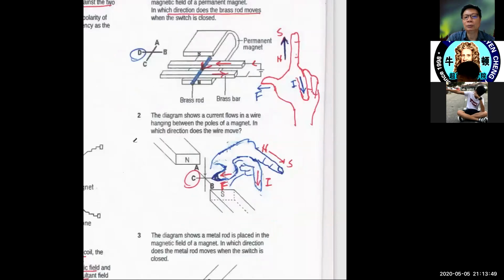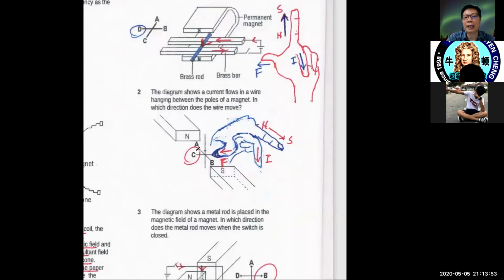Right. Question number 2. I hope you can understand my fingers. Why the answer C? Okay, you study first. Why is the finger like that? You study. You notice, magnet north inside, south outside. So it's north indirect. This finger has to be like that.